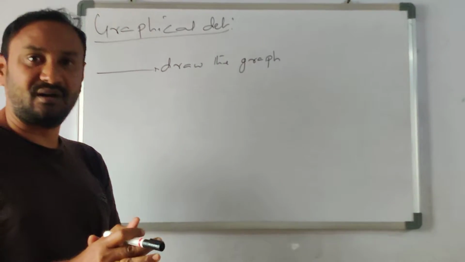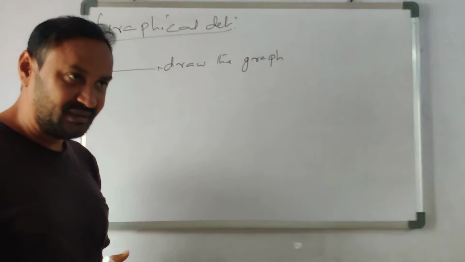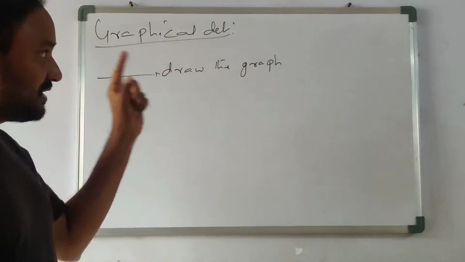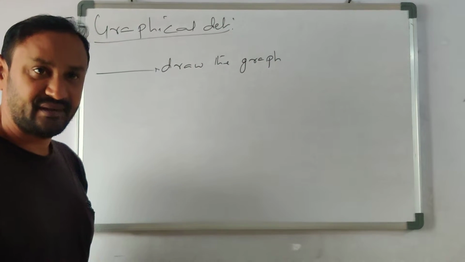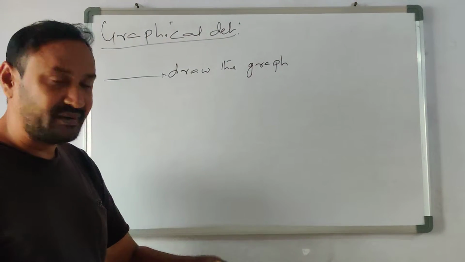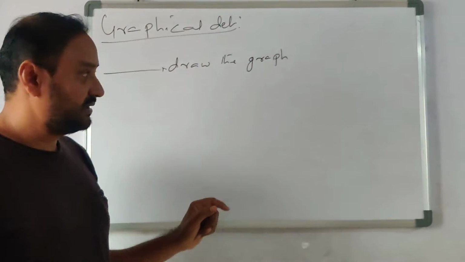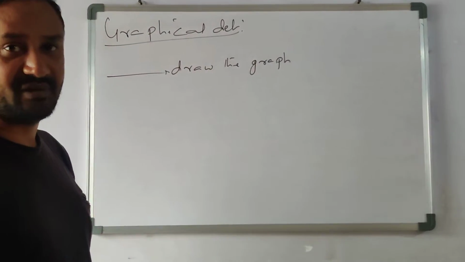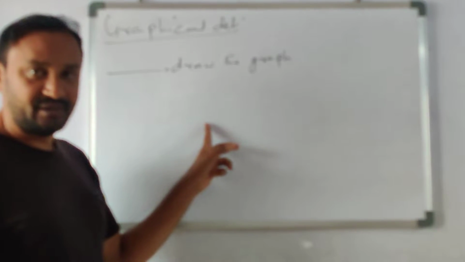After drawing the graph, take any line parallel to the x-axis. If the line intersects the graph at only one point, it is one-one. If it intersects the graph at more than one point, it is called a many-one function. So this is a very, very important definition.